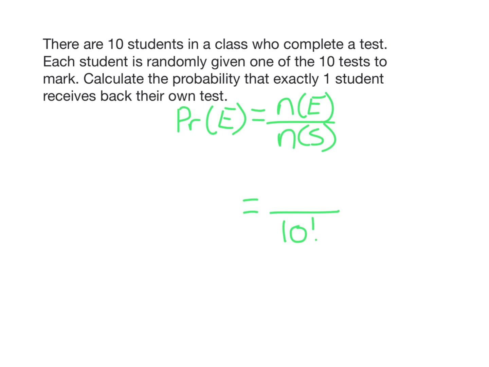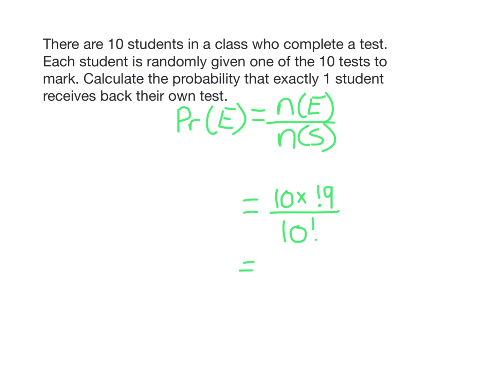So how many ways can we have exactly 1 student receiving back their own test? Well, there are 10 choices as to which is the student who receives back their own test. And for the other 9, we want to make sure they don't get back their own test. So we want to count the number of derangements of 9 objects, in this case 9 students.